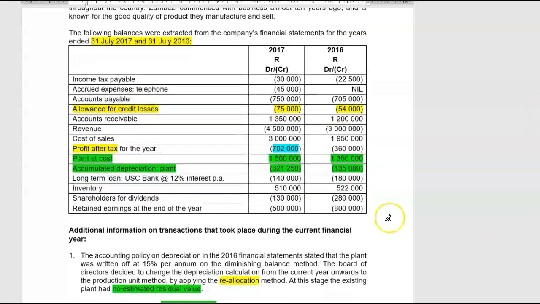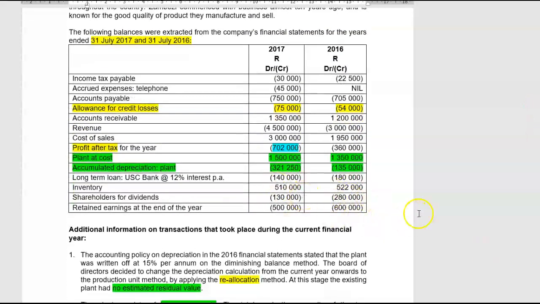Now, we have shareholders for dividends. Different amounts. So that means there must have been a dividend declared during the year. They don't give me that dividend, so we have to go and find out what it was. But we have retained earnings. And we know that retained earnings, what does that affect? Profits after tax, dividends, which is going to make it less.